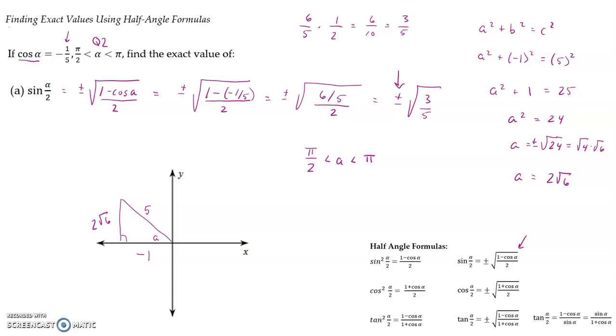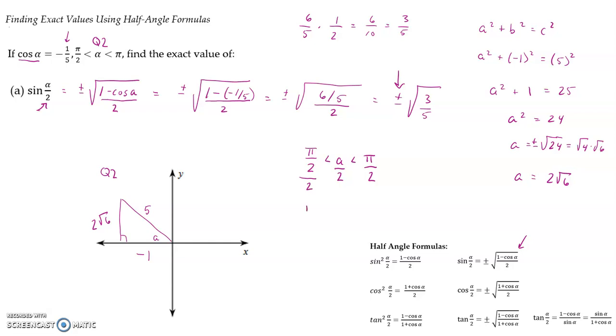Well, keep in mind we were asked to find sine of A over 2, right? And this A value that we originally were working with was in quadrant 2, right? When we go to assign the plus or minus sign, we want to keep in mind what quadrant A over 2 is in. So think of it as we're going to be starting with this information about A, and we're going to divide each of these by 2.